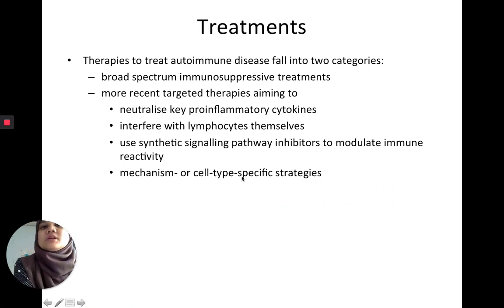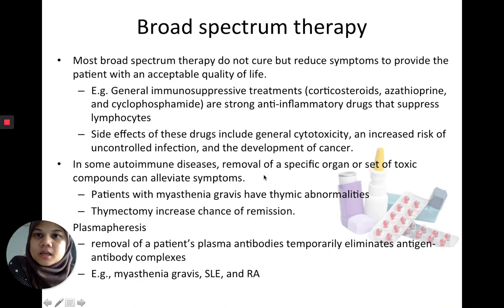So some of the treatments tend to fall under two categories, either broad spectrum, just to suppress the immune system in general, but there are more recent targeted therapies, like to neutralize pro-inflammatory cytokines or interfere with lymphocytes, rather than just suppressing the immune system entirely, because that will cause other problems as well.